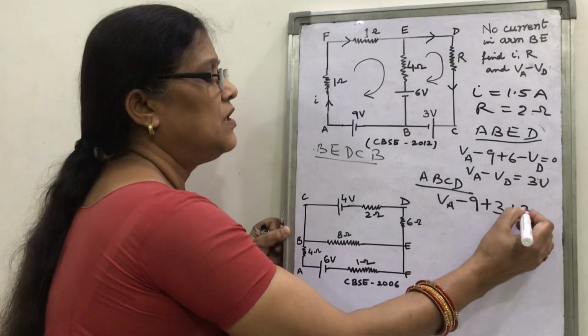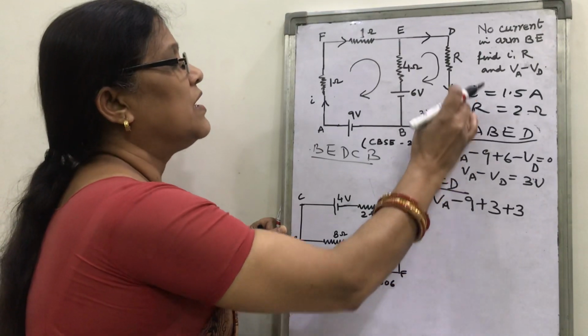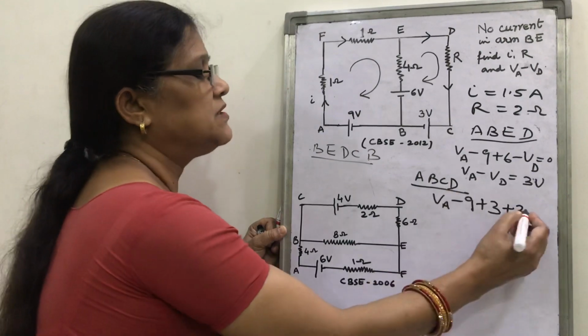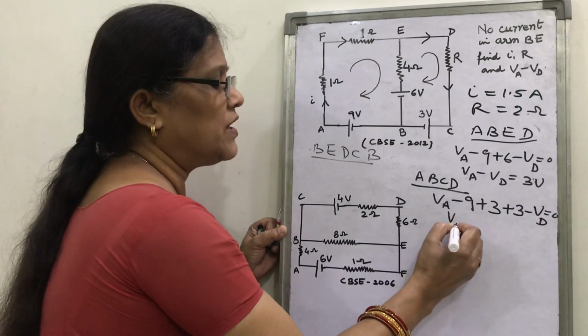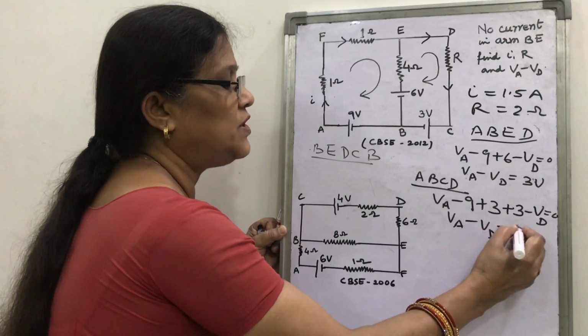Plus 3. And here what will you get here? You are going against the current, so this is plus 3, this is plus 3, and this is minus 9, and minus VD equal to 0. What again you got here? VA minus VD is 3 volt.